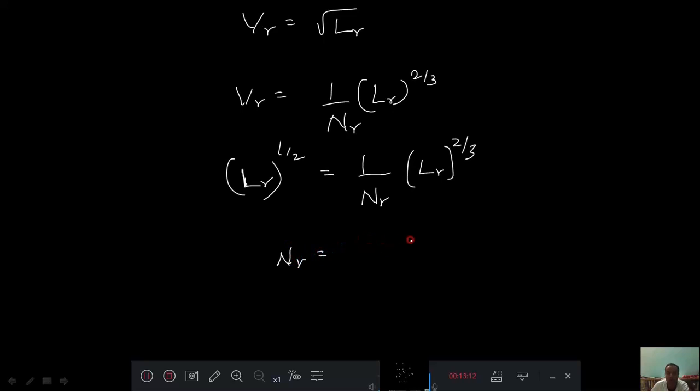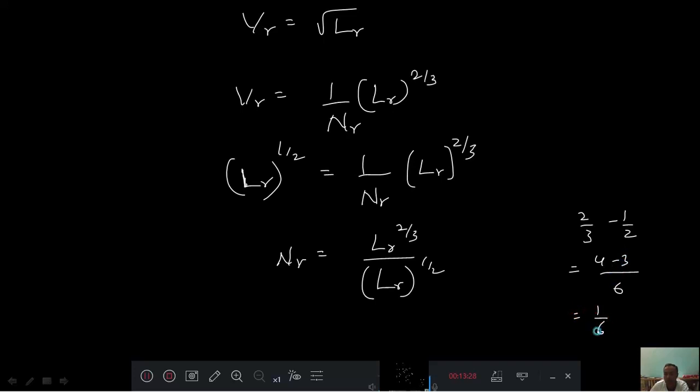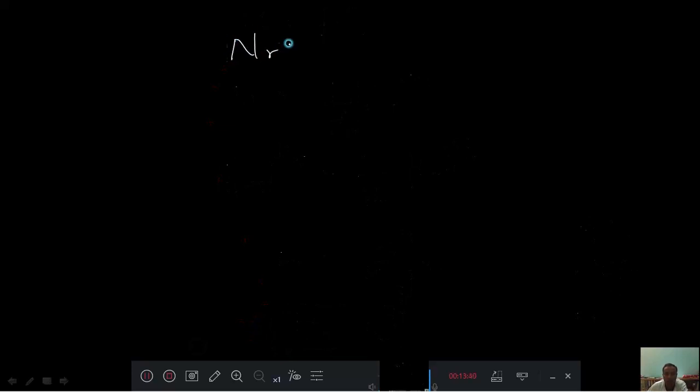NR is equal to LR raised to 2 by 3 divided by LR raised to 1 by 2. Therefore 2 by 3 minus 1 by 2, LCM is 6, so 4 minus 3, therefore it is 1 by 6. Therefore LR raised to 1 by 6 is your NR.